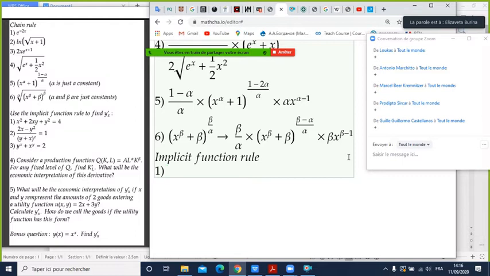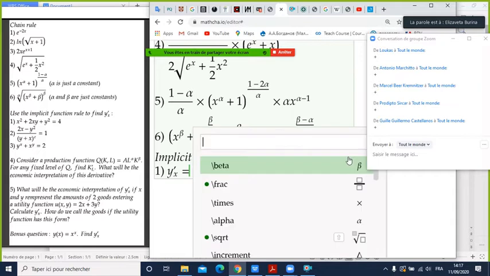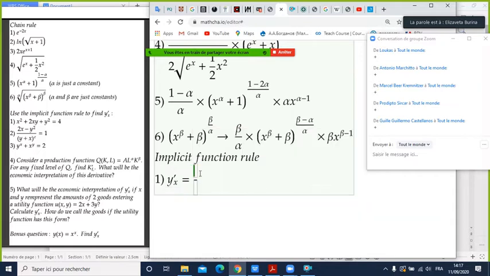So we remember that to find y prime of x, so the derivative of y with respect to x, if we have just the relation between two, we can write a fraction of f prime x over f prime y.